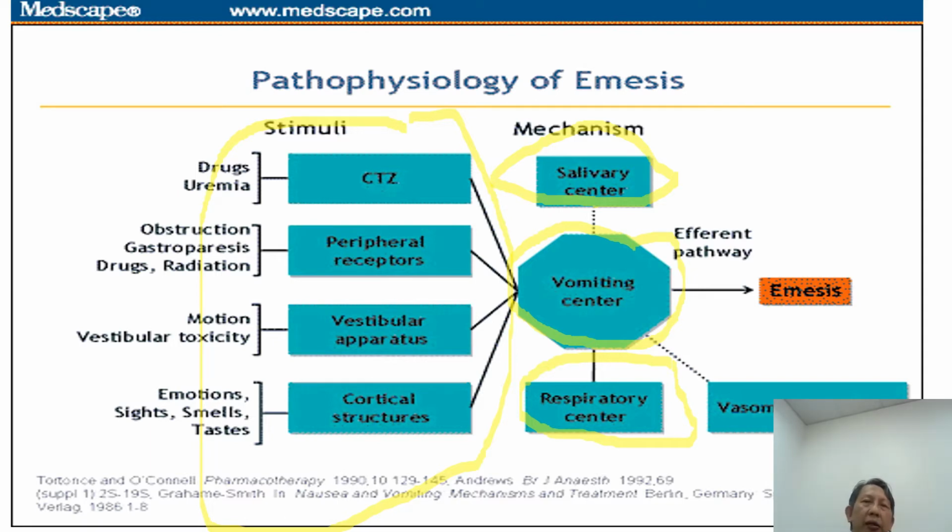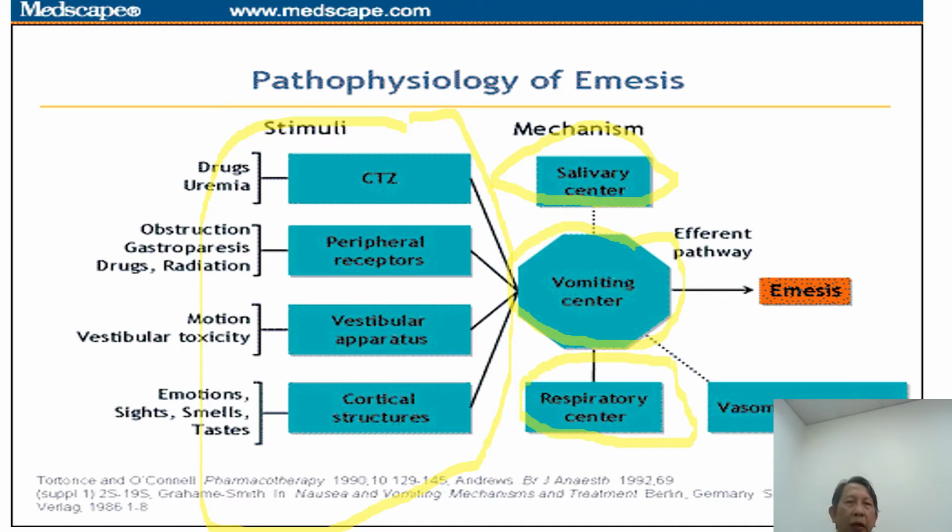The stimulus may be drugs or uremia. Then from peripheral receptors in the GIT, mechanoreceptors in the intestine wall are activated by abnormal contractions, distension, or physical damage. Potentially harmful chemical stimuli can also activate chemoreceptors located at the intestinal wall.